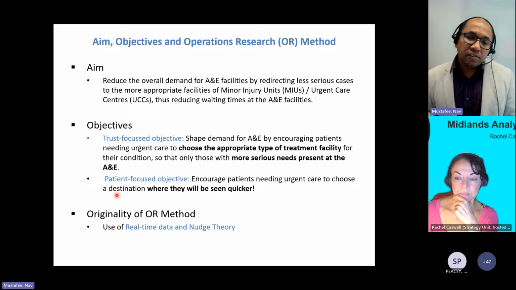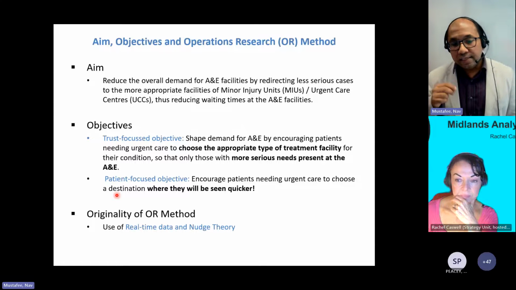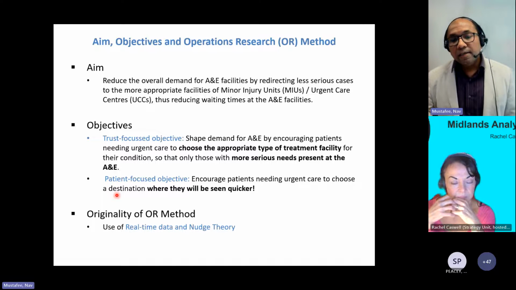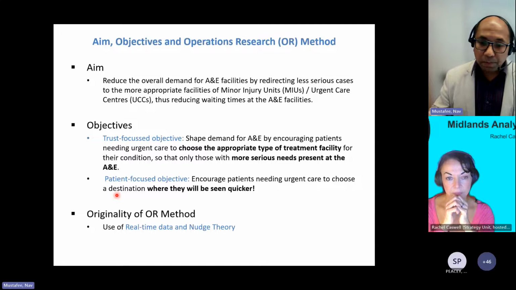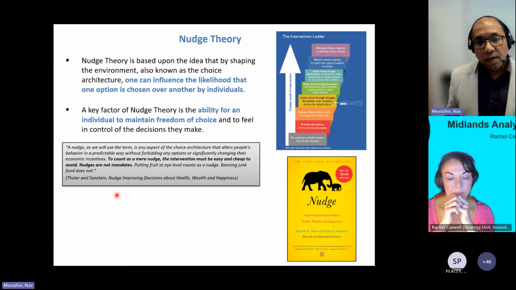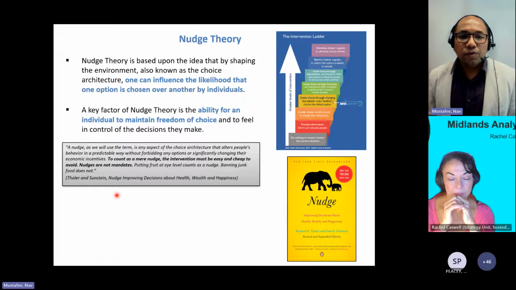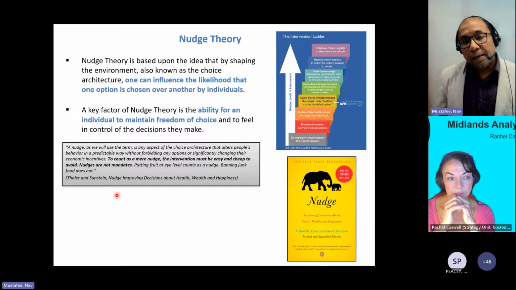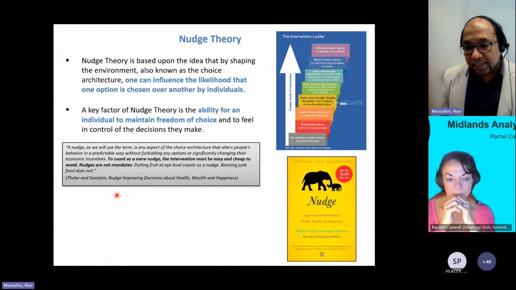The originality of the operations research method is that we are using real-time data to design the nudges to be delivered. And these nudges are personalized nudges to inform people where might be the best place to go, taking into account also their present location. So this is using nudge theory. Nudge is based on the idea of shaping the environment by making some choices to the choice architecture, right?